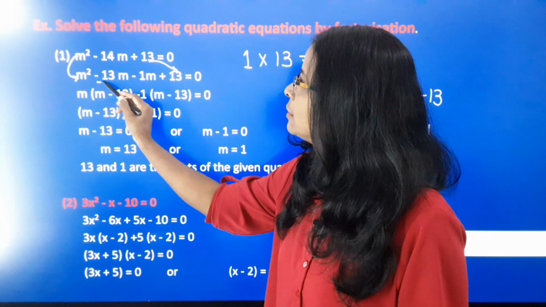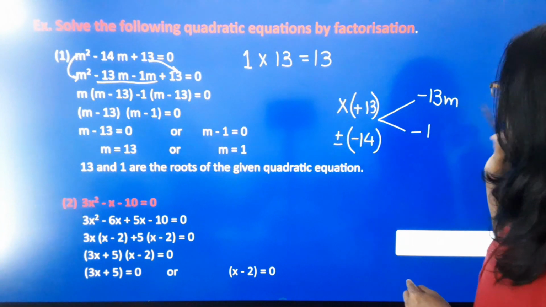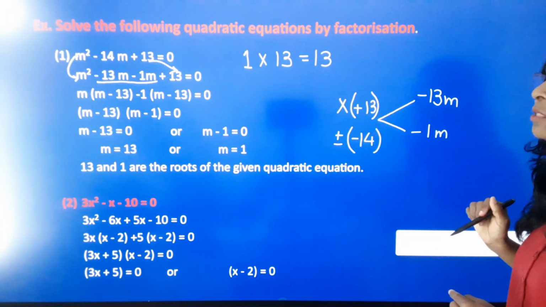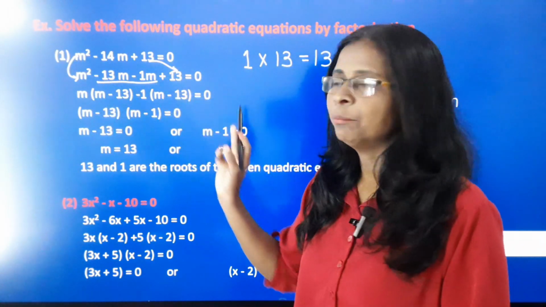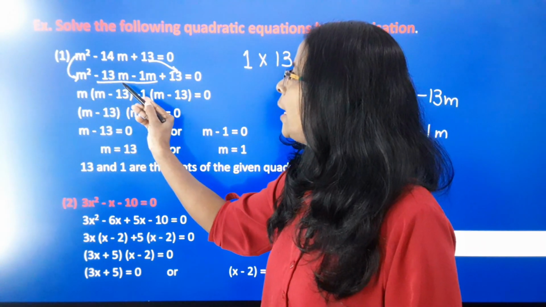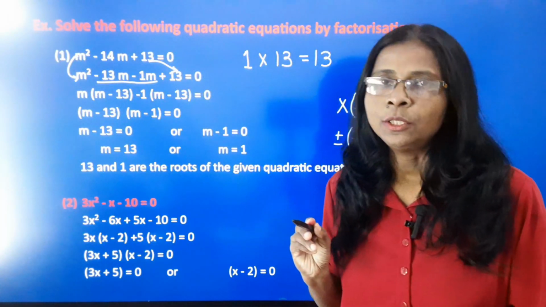In between, write these two numbers with their variable, minus 13m minus 1m. So our first step will be m square minus 13m minus 1m plus 13 is equal to 0.